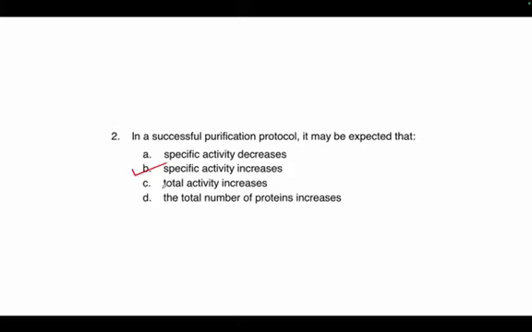In fact, total activity might reduce slightly because we are not changing the amount of the protein that is present. Right? We're just purifying it. And during the purification procedure, we will probably lose some amount of protein, so it's possible that the total activity will reduce. Okay, but if the purity is increasing, then specific activity will also increase.